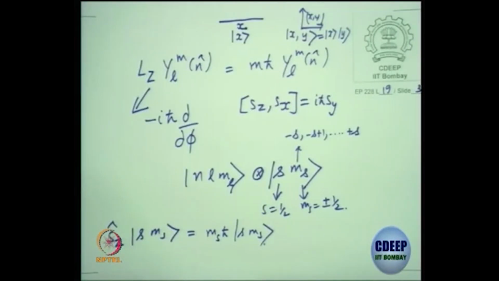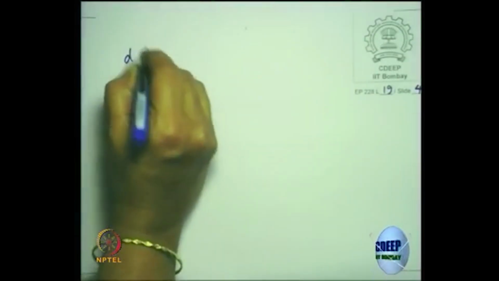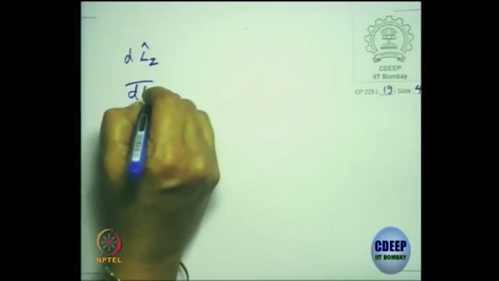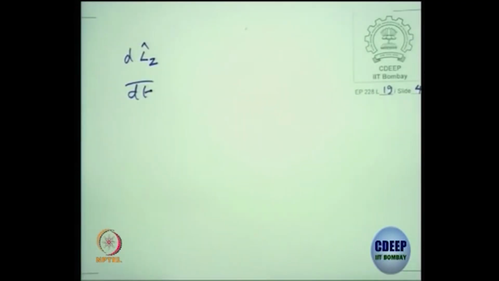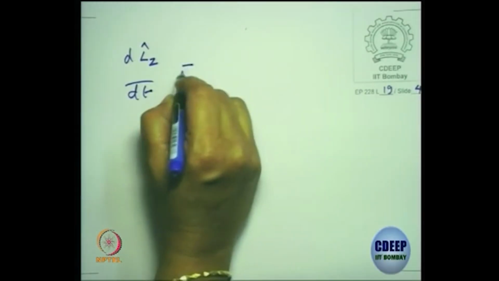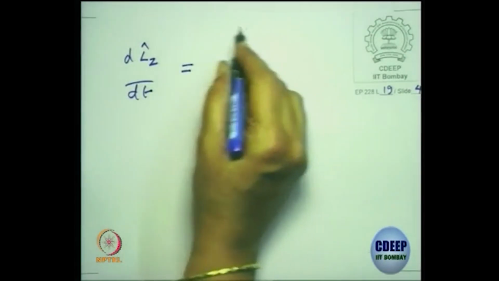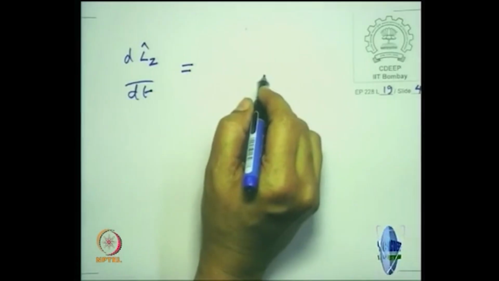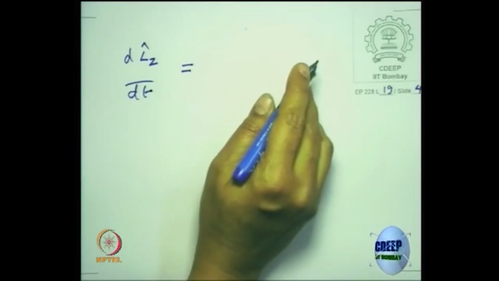But if you do the Dirac equation and relativistic quantum mechanics, these things come automatically. This is what I was telling you: if you try to do the Heisenberg equation and compute d Lz by dt in your hydrogen atom or non-relativistic Schrodinger equation, it has to be proportional to the commutator of the Hamiltonian with Lz, so it has to be 0.